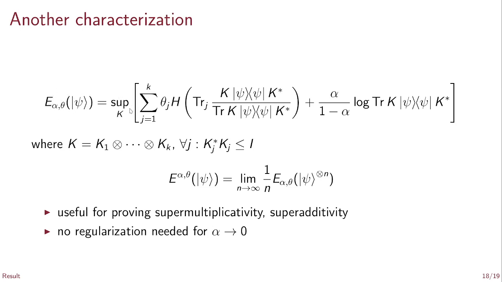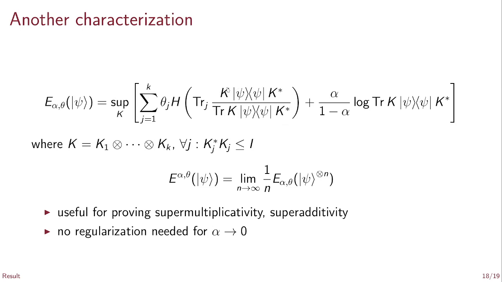And this again is given by an optimization problem. So this time we take the supremum over products of, say, Kraus operators. So these are like Kraus operators. They satisfy a condition, like K_j star K_j must be at most 1. And we act with the product of these Kraus operators on the state psi.